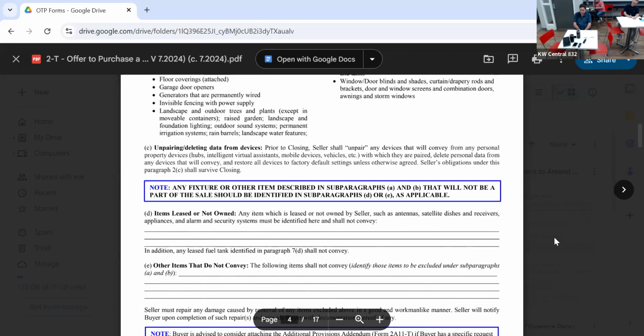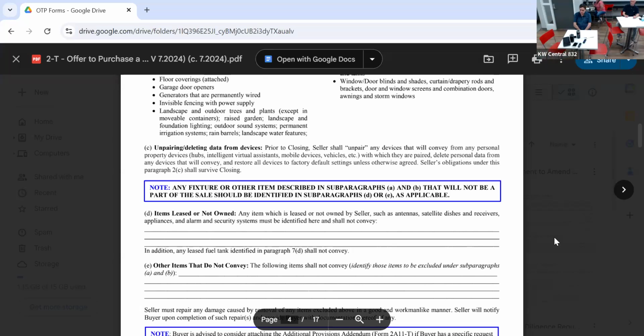Other items that do not convey, again, this is grandma's chandelier. Take grandma's chandelier down, pack it up, put it in a box, and replace it with a like kind based on the house.